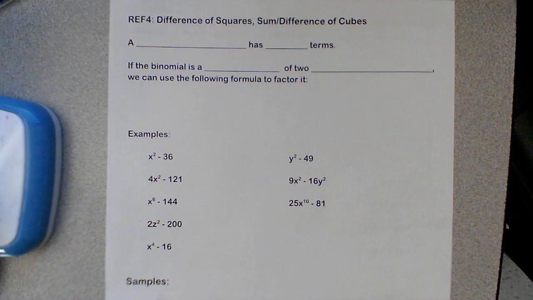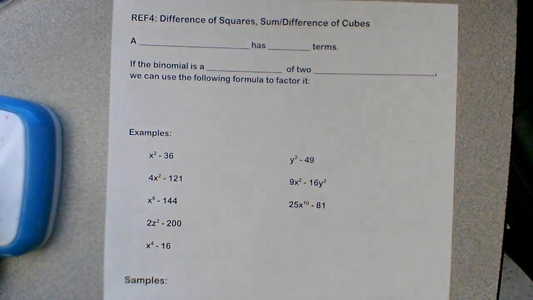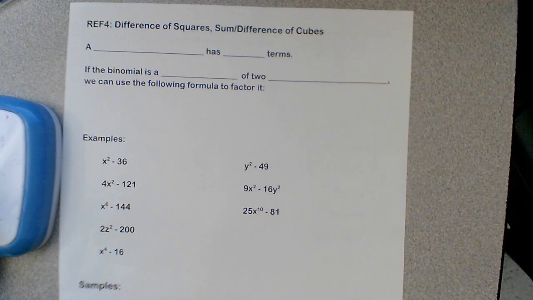Alright, so let's talk about difference of squares, and the next video will be about sum and difference of cubes. So we've started talking about factoring, and the first step of factoring is, of course, to find the GCF.